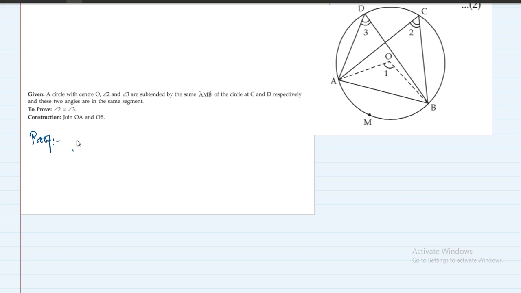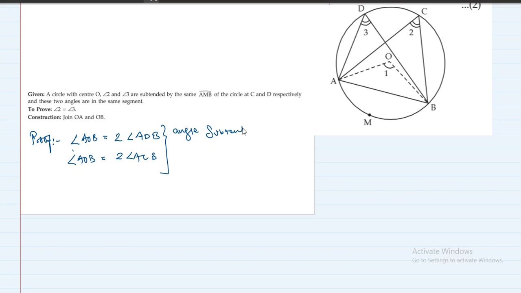After the construction, it becomes very clear that angle AOB is equal to 2 times angle ADB, and angle AOB is equal to 2 times angle ACB. Can you give me the reason? The reason is the previous theorem.